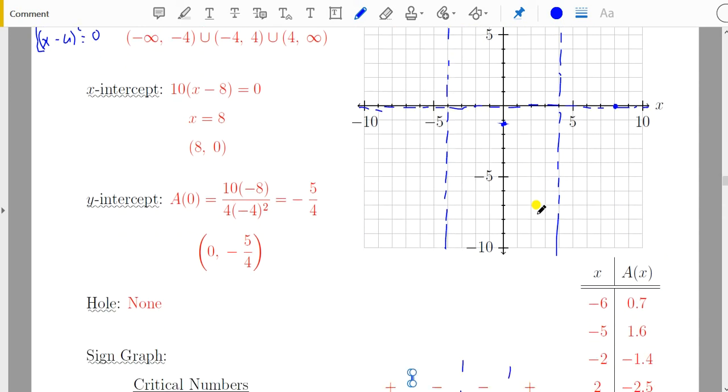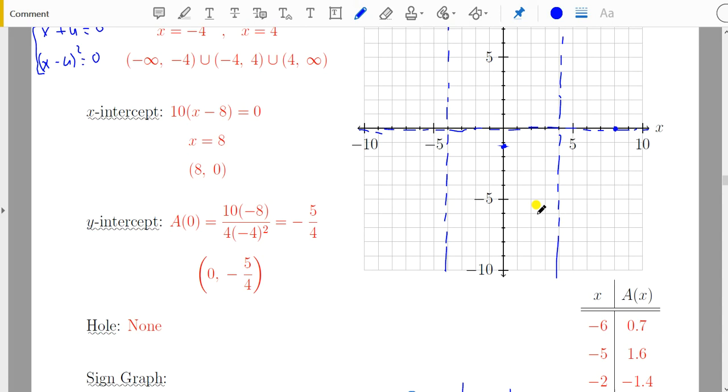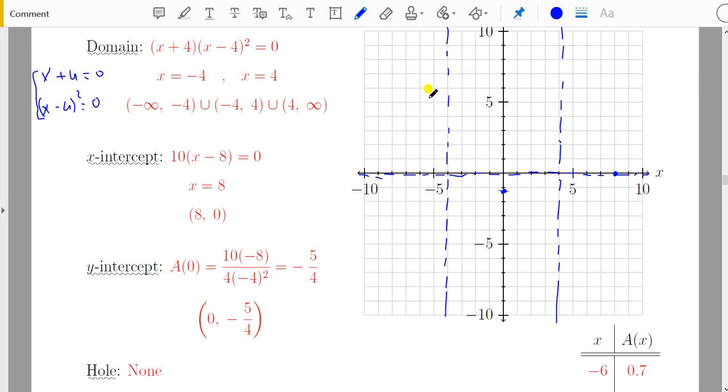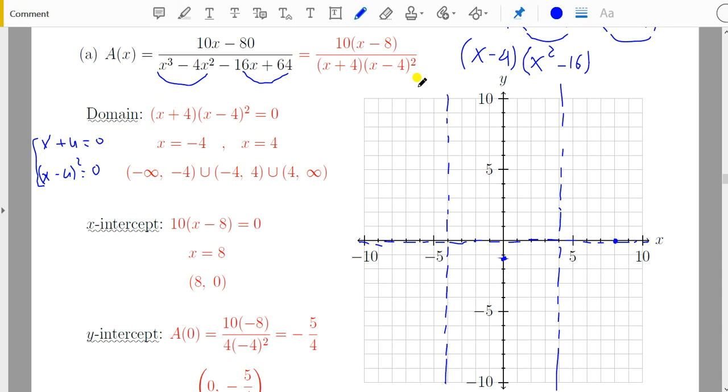Okay, so now we can start to graph the function. We have to go back to the critical numbers. Before the minus 4, on the left side, the graph should be positive. That means it should be above the x-axis. As we move to the left, the graph approaches the x-axis because it is the horizontal asymptote.